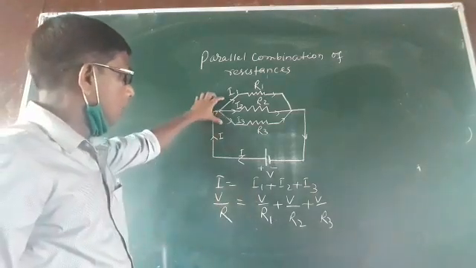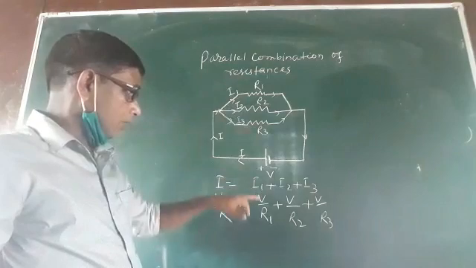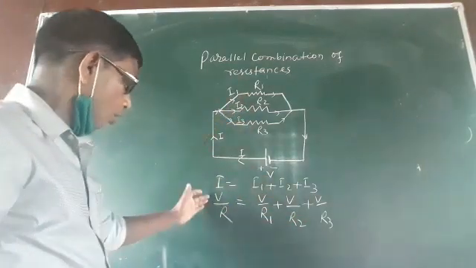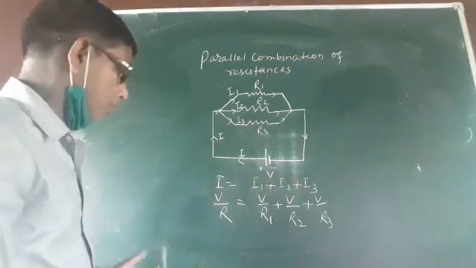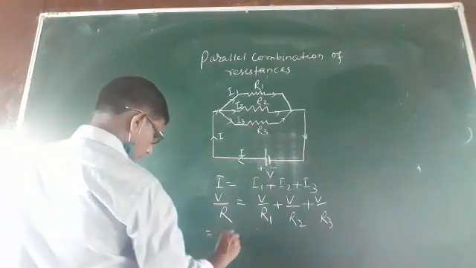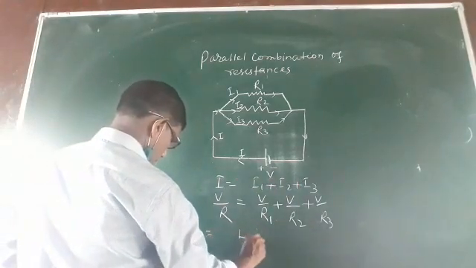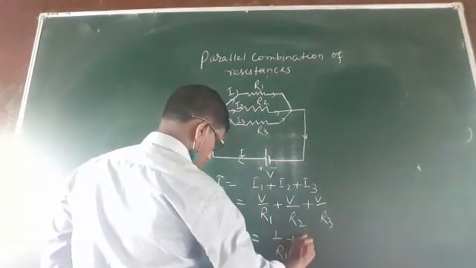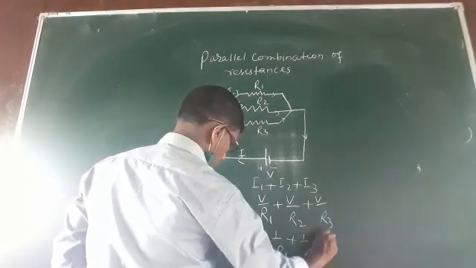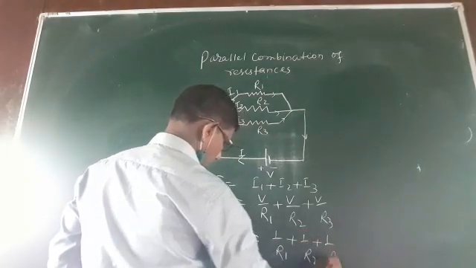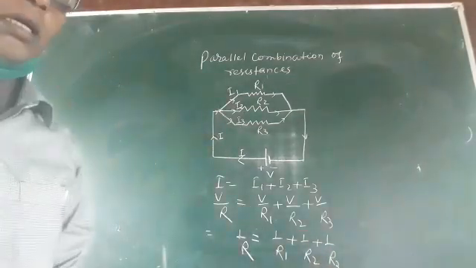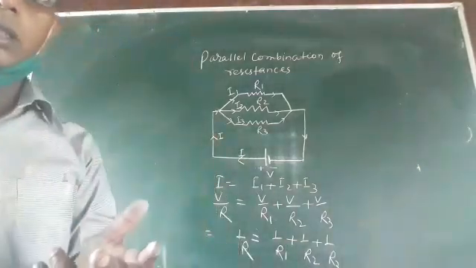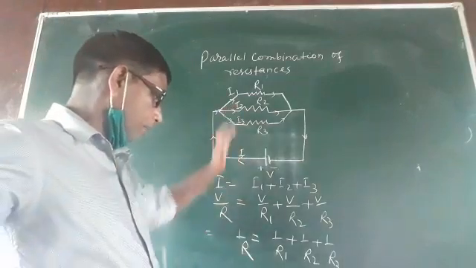Different amounts of current, different resistances, but the voltage, the potential difference, remains the same. Now V and V cancel from both sides, so we write 1 by R equals 1 by R1 plus 1 by R2 plus 1 by R3. This is the equivalent resistance for three resistances connected in parallel.